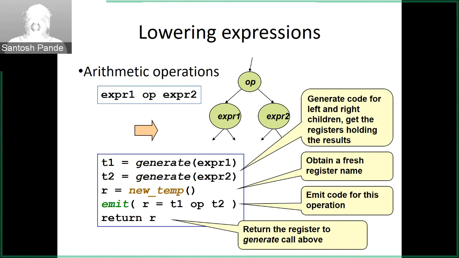You would try to do it by generating the code for the right-hand side IR, the right-hand side operations, first.